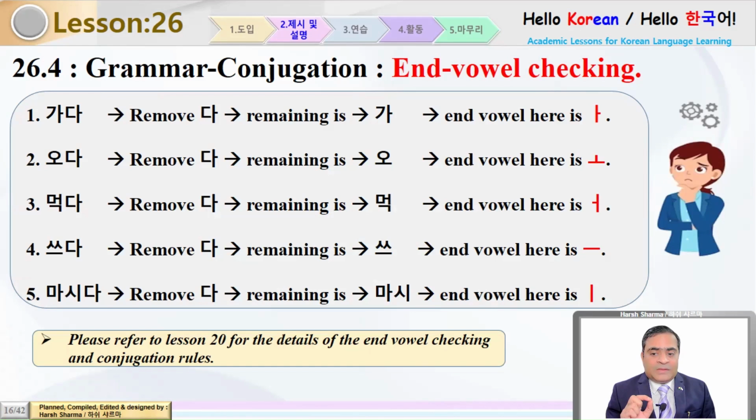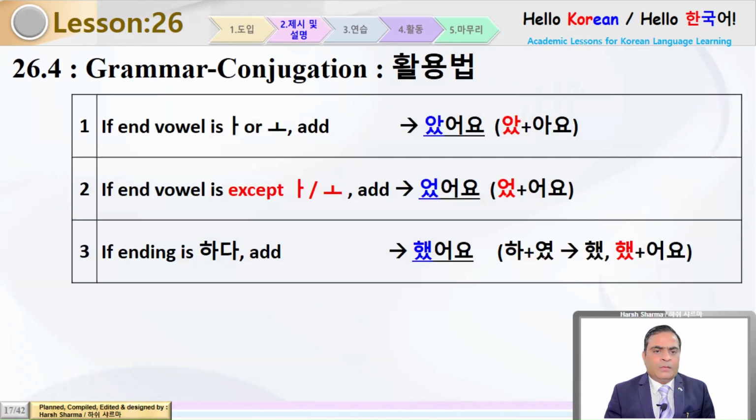We must have this skill very clearly, 여러분, how to check the end vowel after removing the 다, because there are lots of grammars in Korean which are dependent on this rule. So today again for this also final explanation, and if you want to learn in detail, please go to lesson 20. So here is the rule of attaching this 았, 었 and 했.